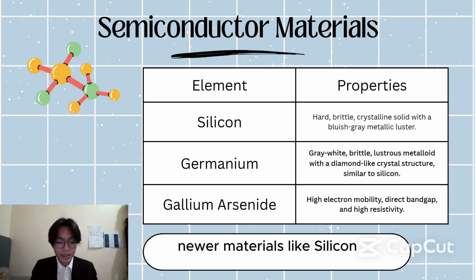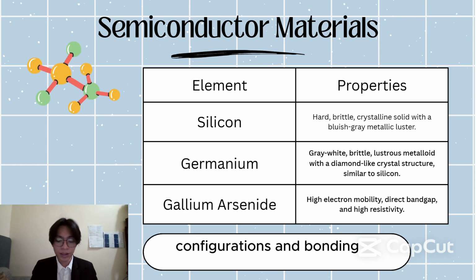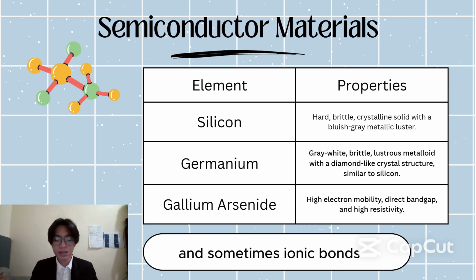Newer materials like silicon carbide and gallium nitride are becoming important for power electronics. These materials are chosen for their electronic configurations and bonding characteristics, which influence conductivity and mobility. Compound semiconductors involve covalent and sometimes ionic bonds.